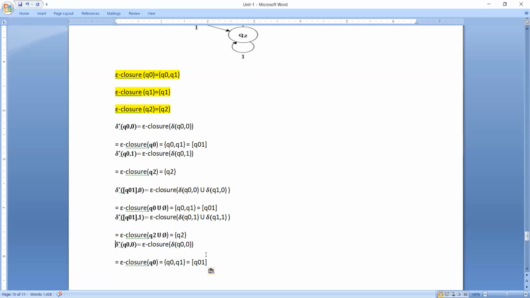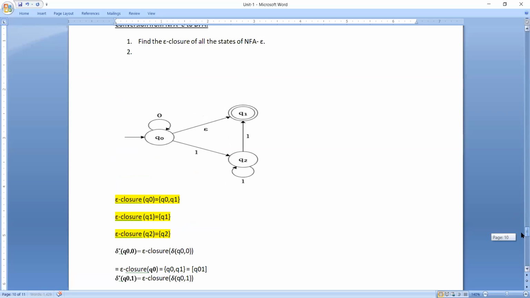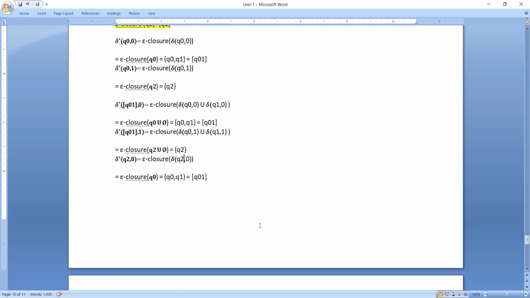So Q2 on 0 will be epsilon closure of delta of Q2 on 0. What is Q2 on 0? Do we have any transitions? No. On Q2 we have a transition only for 1. We don't have any transition for 0.